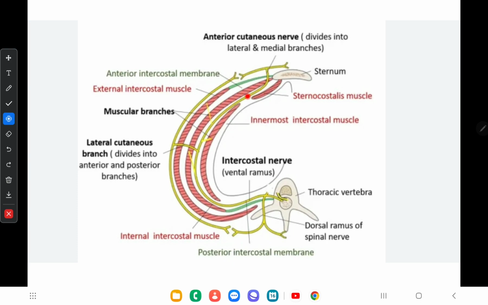You can see the nerve goes anteriorly by piercing the internal intercostal muscle and the anterior intercostal membrane, which is the extension of the external intercostal muscle.